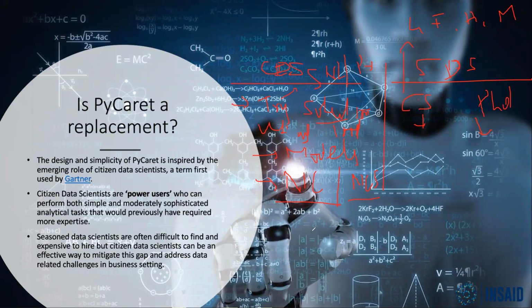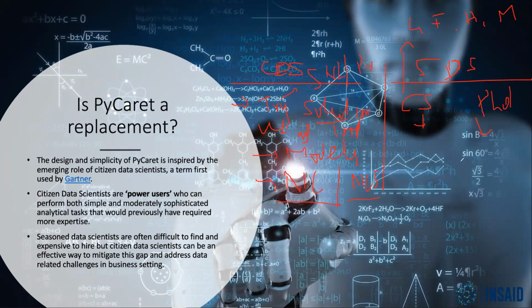Let's say when we enter 2021, we will start getting roles such as citizen data scientist in various companies, right? So that's what I think will happen. So all the non-coders can leverage PyCaret and create solutions for your business problems.